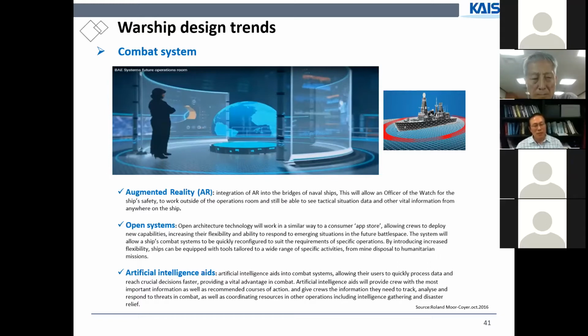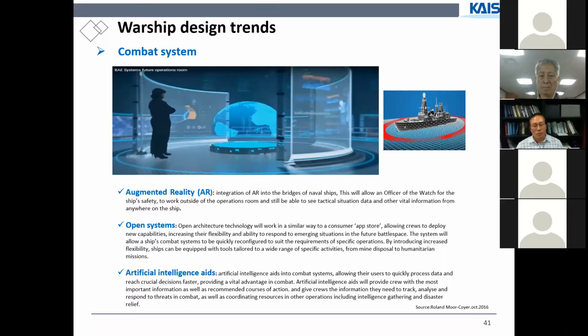Artificial intelligence is a combat system allowing its users to quickly process data and reach crucial decisions faster, providing a vital advantage in combat, and provide the crew with the most important information as well as the recommended courses of action.